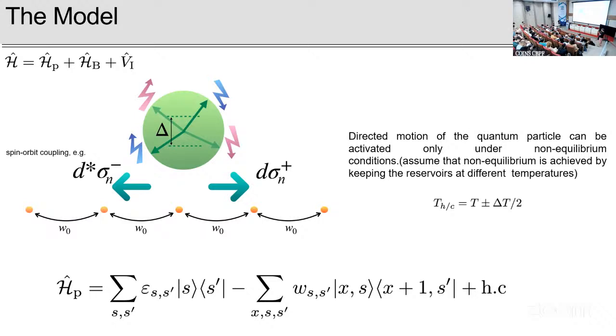Actually, I also have a question. I think one of the first experimental realizations of a thermal engine was this flywheel engine, with an ion, where you have the coupling between the internal degrees of freedom and the movement. While you do that, you are converting energy from the spin degrees of freedom to the motion.